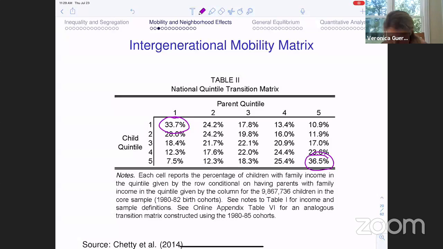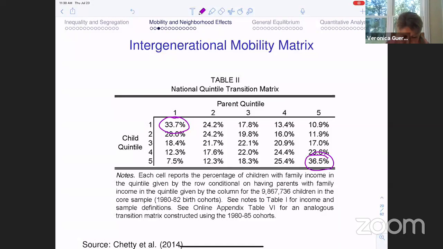And the other interesting quadrant is the bottom right, that shows what is the probability of being still in the fifth quintile of the distribution if your parents were in the fifth quintile. So of course, large numbers in these two extreme quadrants show a low level of intergenerational mobility, because it means that your parents' income affects your future income in a more dramatic way.